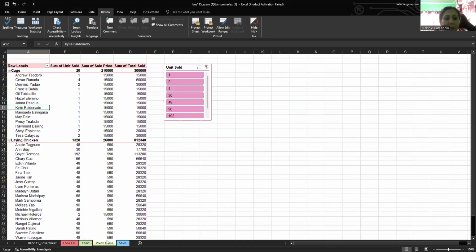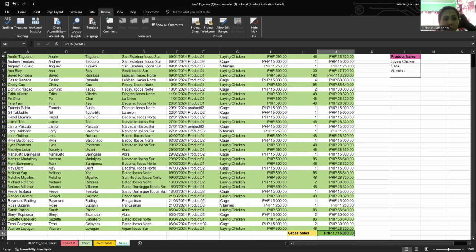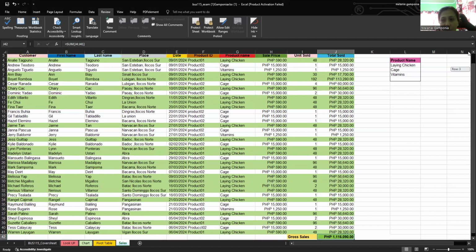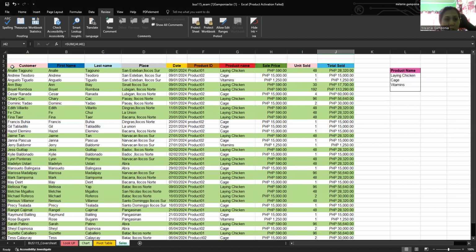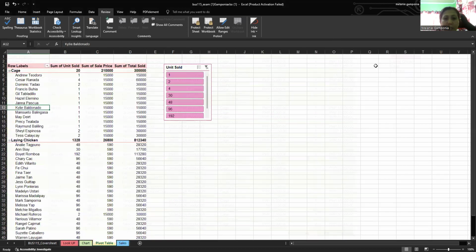I also made a pivot table. I set the table range from the customers up to J41, and then this is the result.